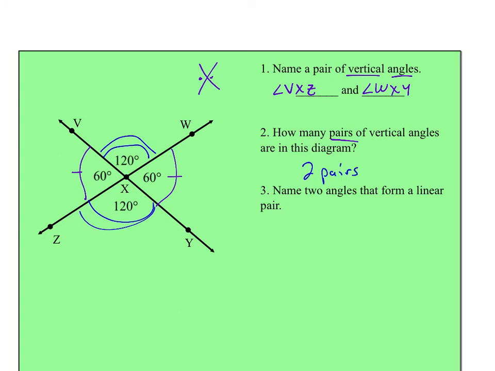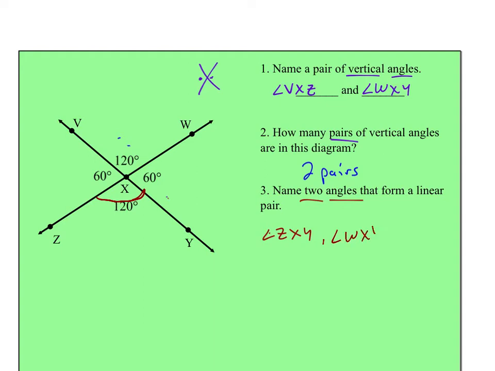So then, two angles that form a linear pair. Well, there's a whole bunch of those. A lot happens when two lines intersect. So I can take these two. I'll take angle ZXY, and I'll take WXY.